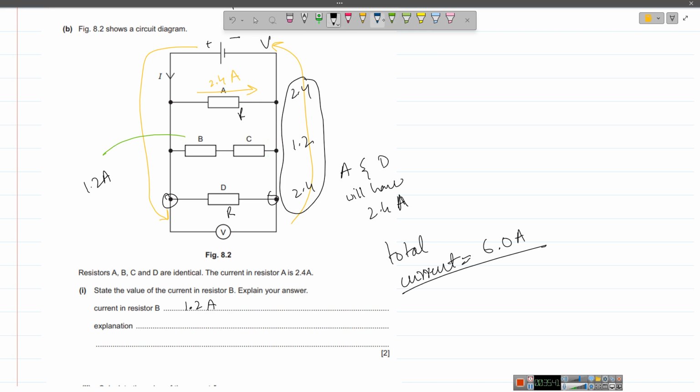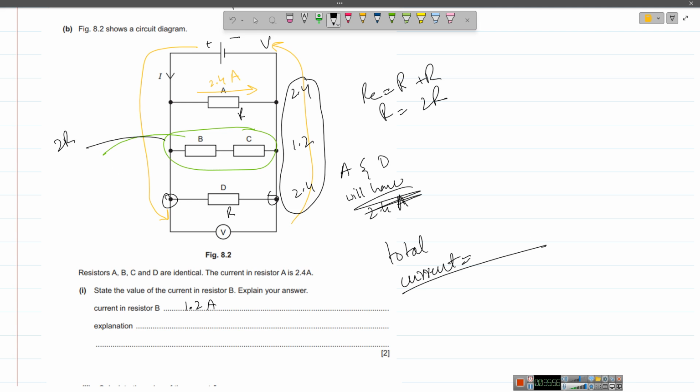Over here, this green one, basically these are in series, right? So RE is going to be R plus R for this combination. So that is going to be 2R. My apologies, I just tried to do it too quickly.